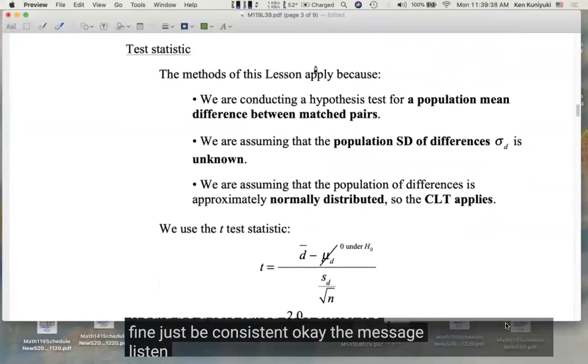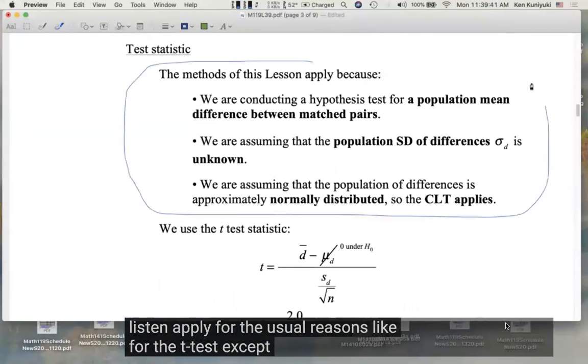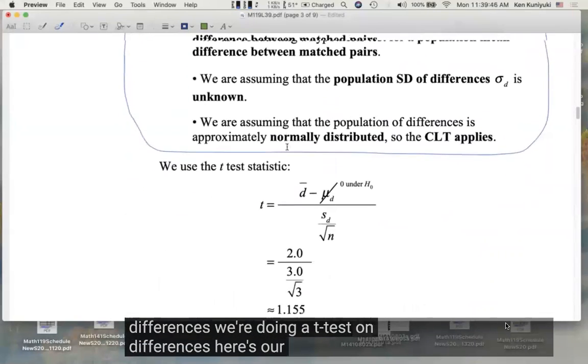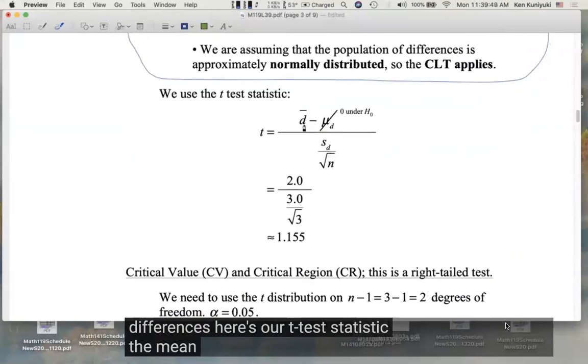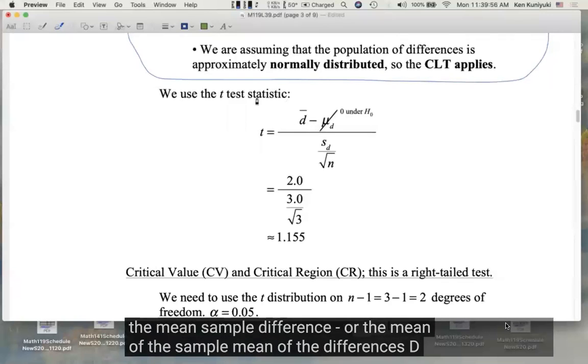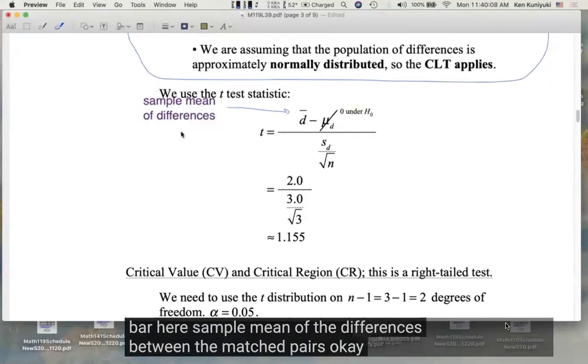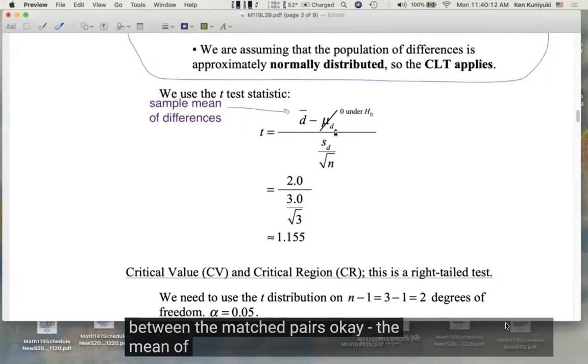Okay, the methods of the lesson apply for the usual reasons, like for the t-test, except we're looking at differences. We're doing a t-test on differences. Here's our t-test statistic. The sample mean of the differences, D bar here, between the matched pairs, minus the mean of the differences under the null.